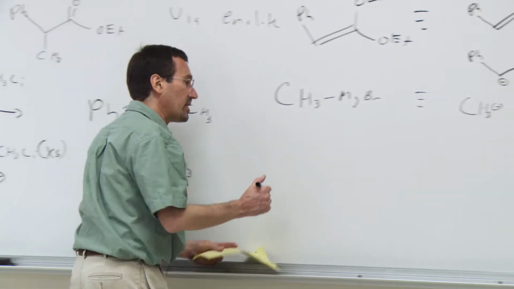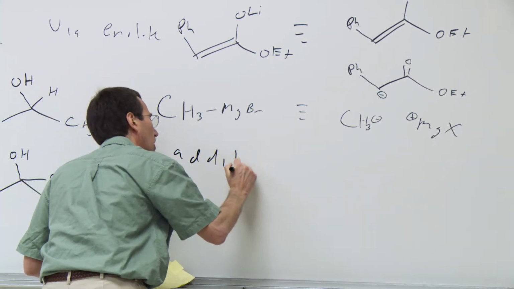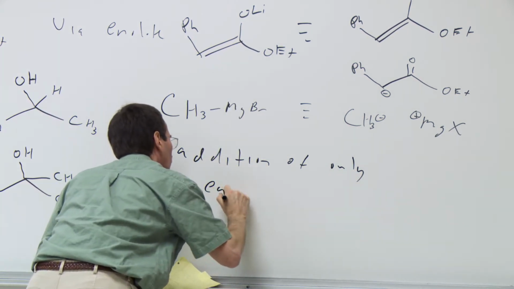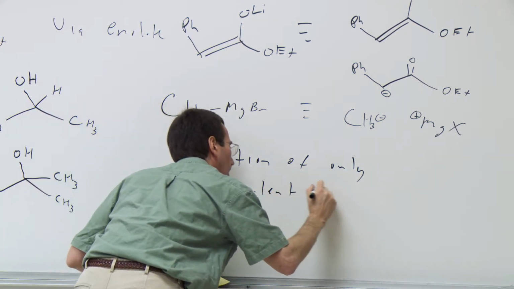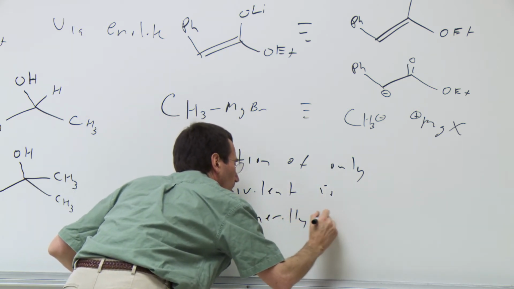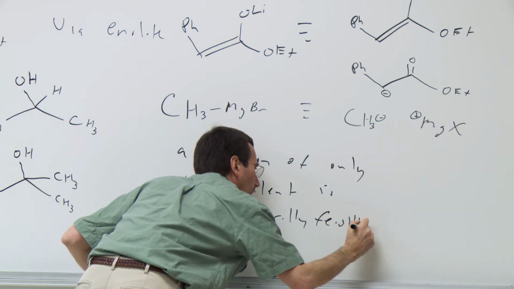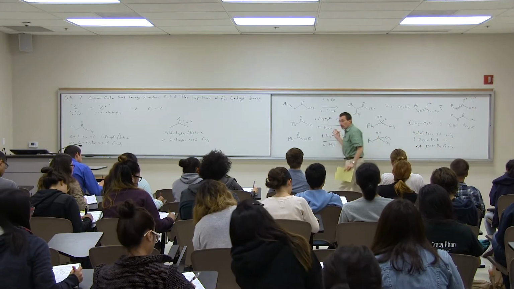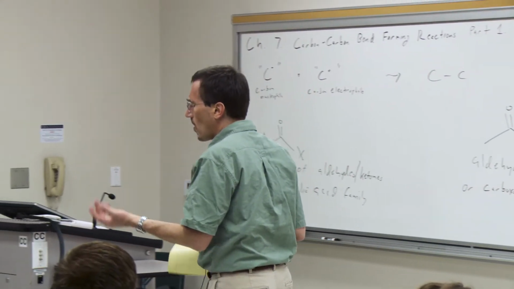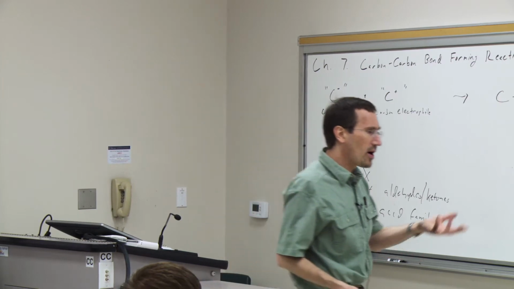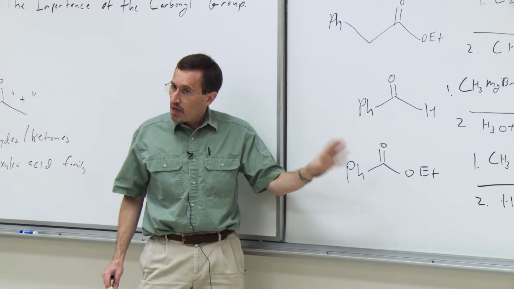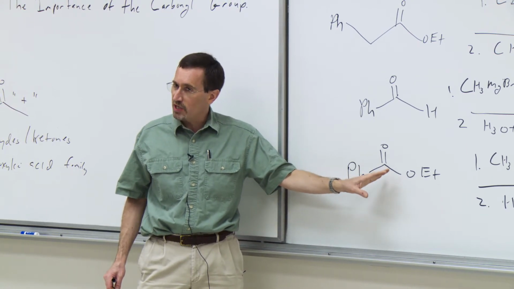Addition of one equivalent is not generally feasible. If I use only one equivalent, if I mix 1 mole of methyl magnesium bromide and 1 mole of ethyl benzoate together, I will get mostly addition of two equivalents and no equivalents.